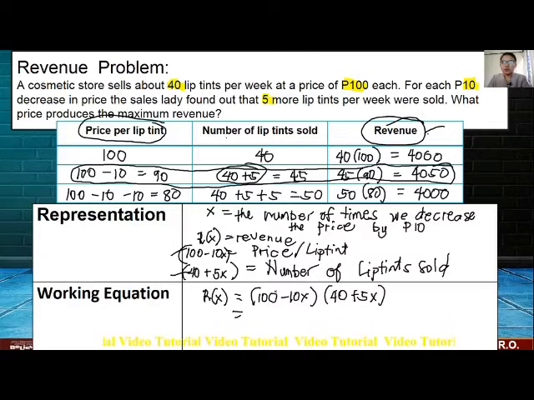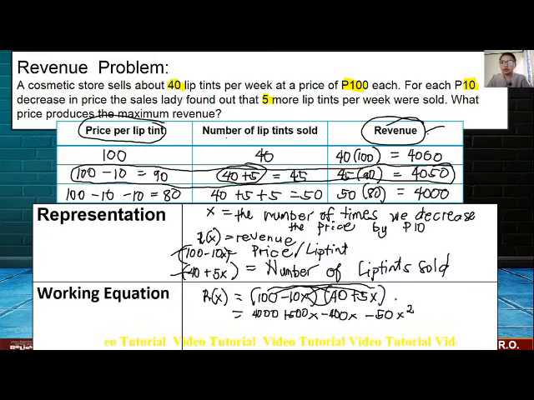First terms, we have 100 times 40, so that will be 4,000. Outer term, 100 times 5x, so that will be 500x. For the inner term, we will have negative 400x. And for the last terms, that will be negative 50x squared.